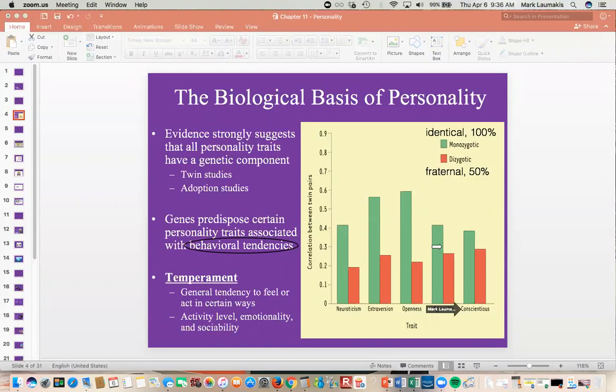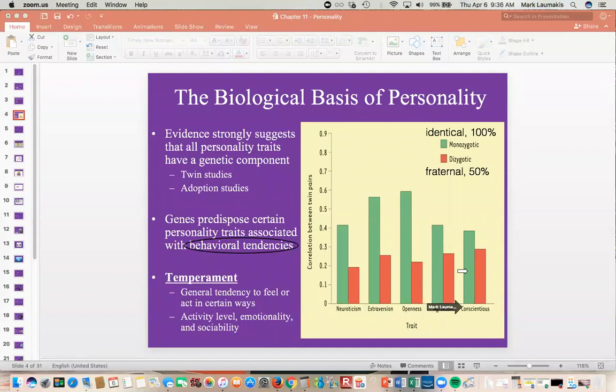Those genes are making it more likely that you are going to do those behaviors, like showing up on time, turning things in on time, being reliable, being thoughtful, not making silly mistakes when you work on a paper, things like that. Those are the behavioral tendencies that are indicators of this high level of conscientiousness, okay?